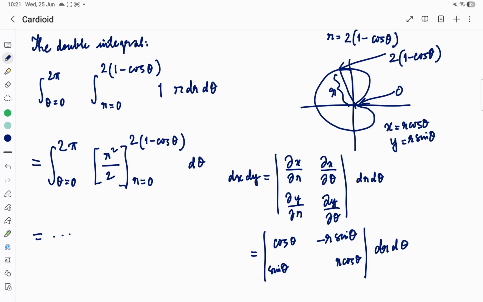I just made this video so that it gives you an idea of how to draw a shape, if it is a shape that you haven't come across already. What would be a feasible manual technique of drawing an unknown shape from an equation, from a polar equation?